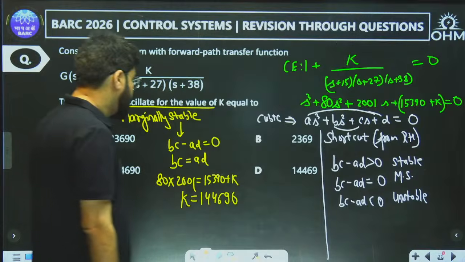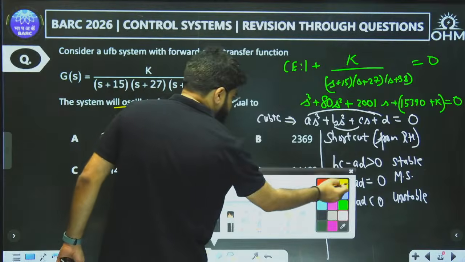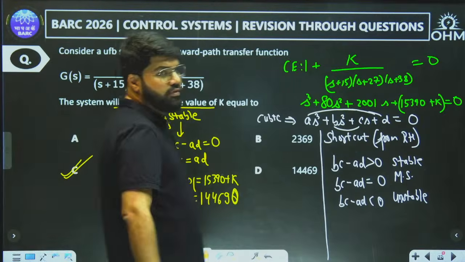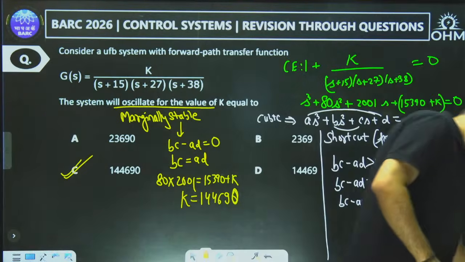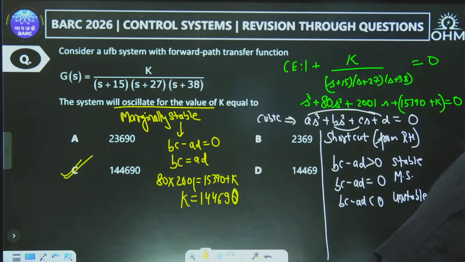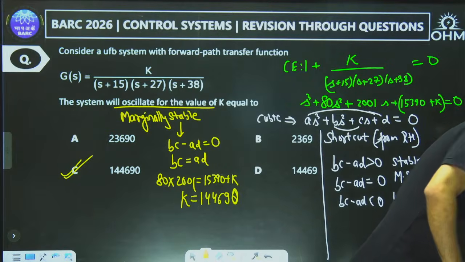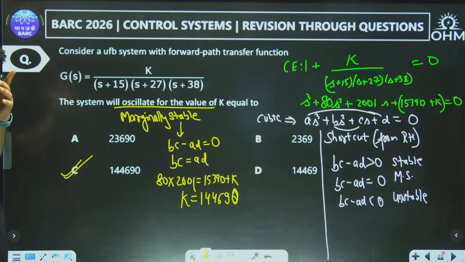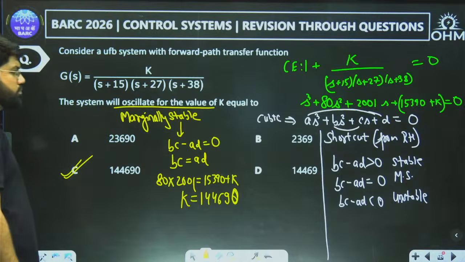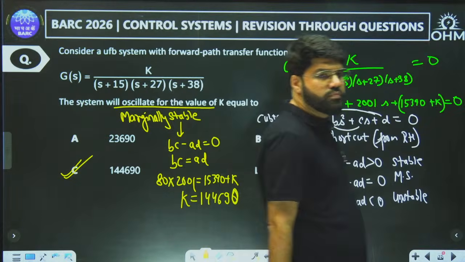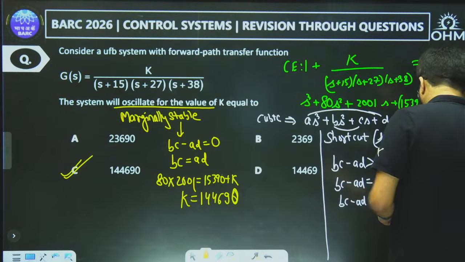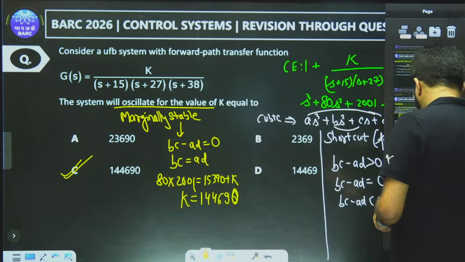So 144690, option number C. Option number C is the correct answer. Anyways, moving ahead to the next question.